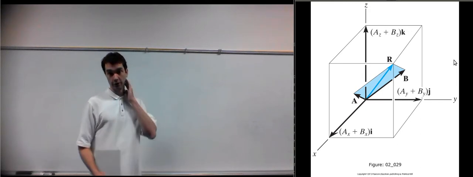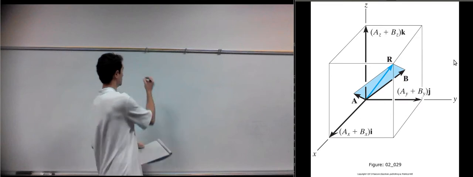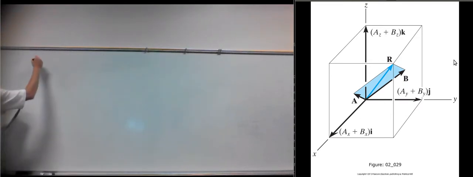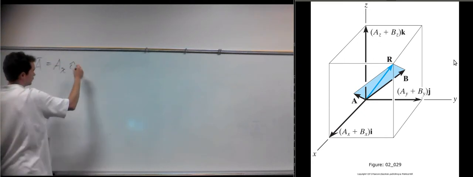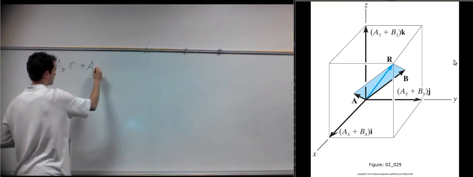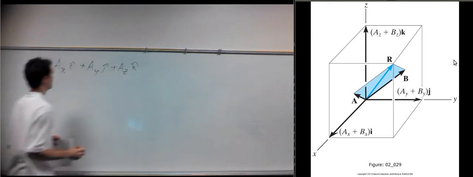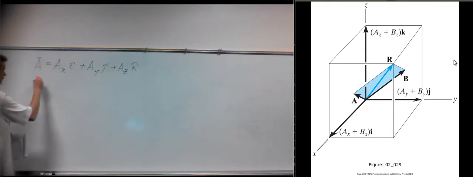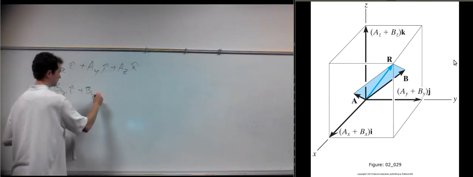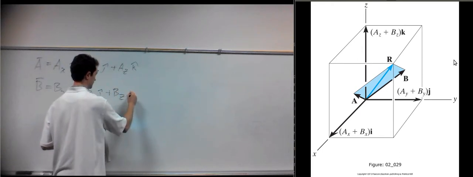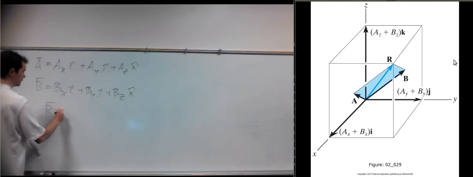If you look at the figure on the right, we have two vectors, A and B, and we want to find the resultant R. We can write A as the magnitude of the x component times the i direction, the magnitude of the y component times the j direction, the z component magnitude times the k direction, and likewise for B. And we want to find the resultant R, which is the sum of A and B.